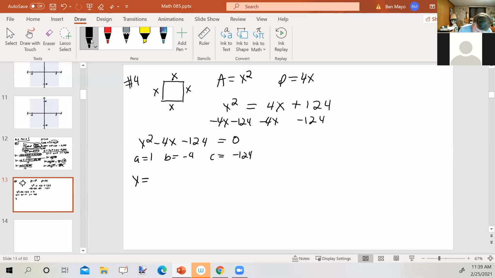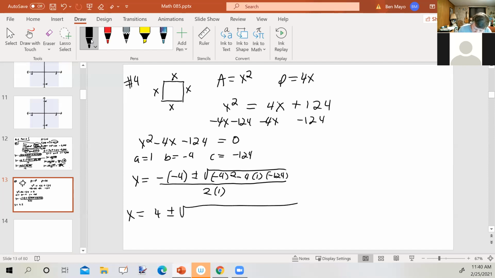So X equals negative B plus or minus the square root of B squared minus 4AC all over 2A. X equals negative times negative would be positive 4 plus or minus the square root of negative 4, the quantity squared would be a positive 16.